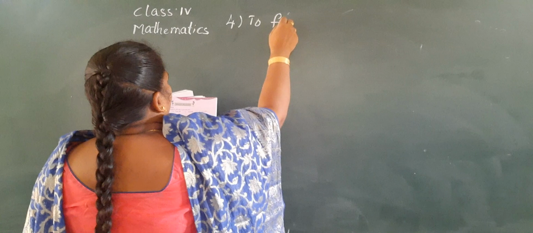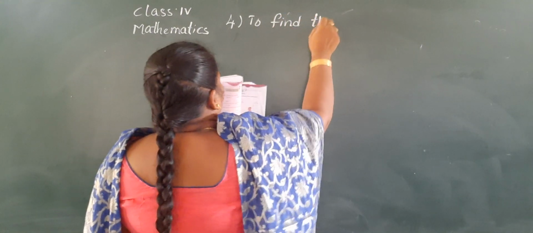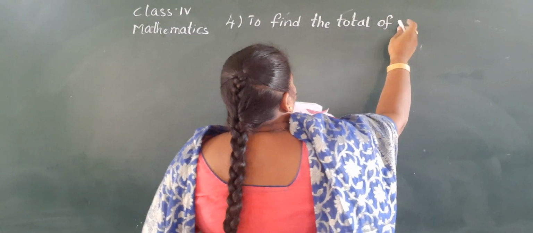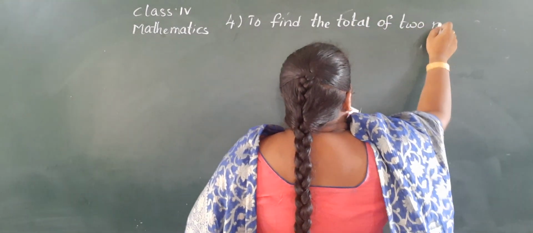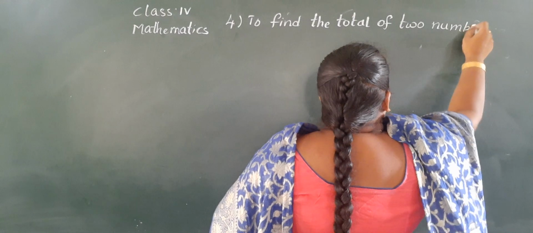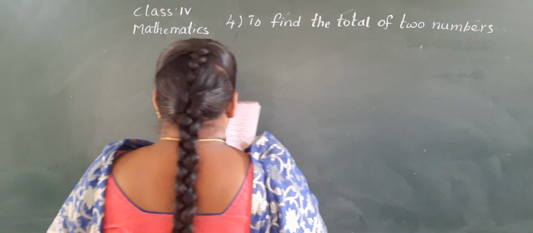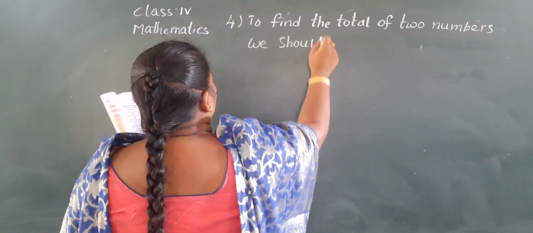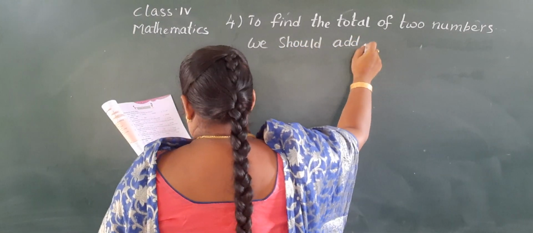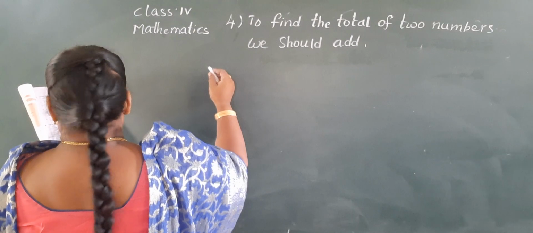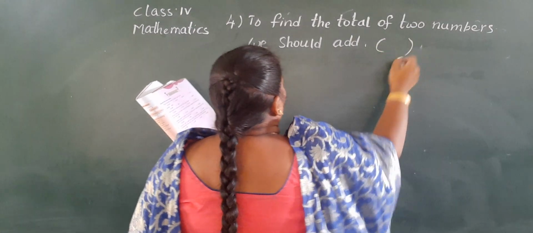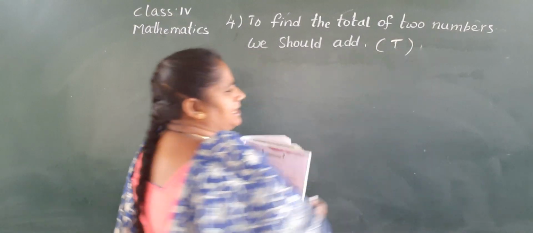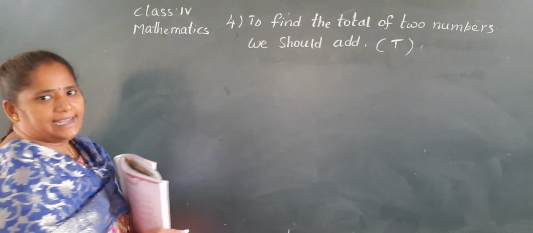To find the total of two numbers, we should add. Yes, total of two numbers means we should add. Yes, this statement is correct. So we will write T.